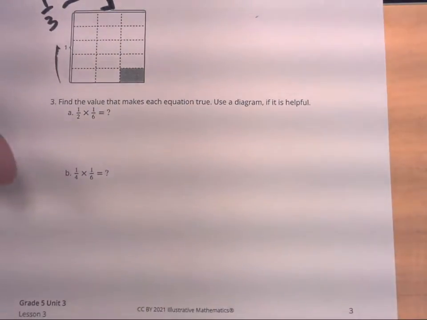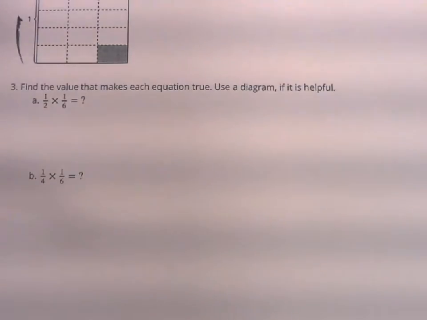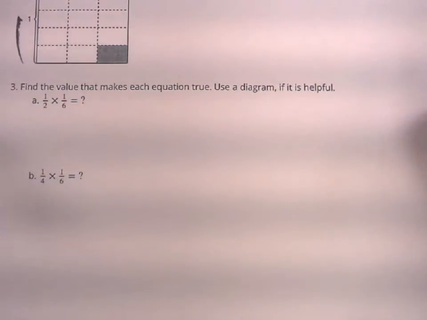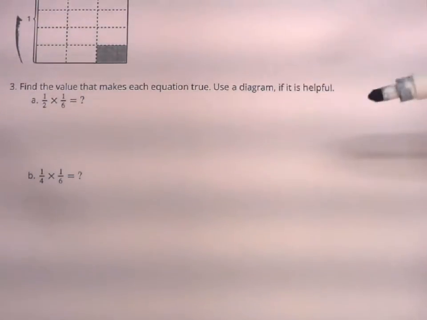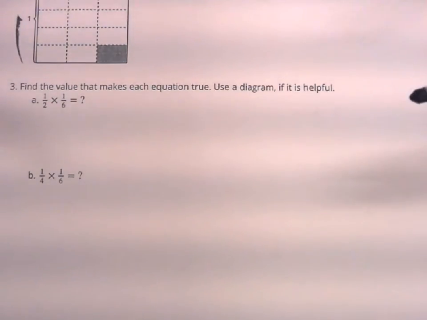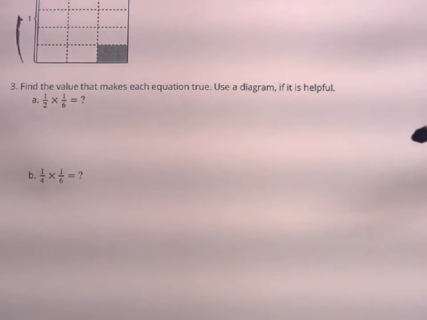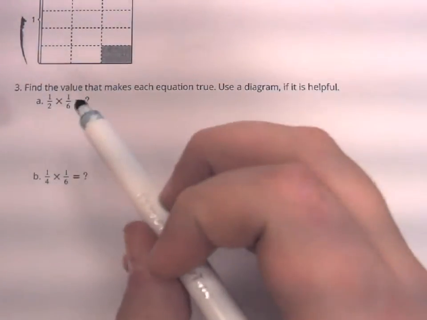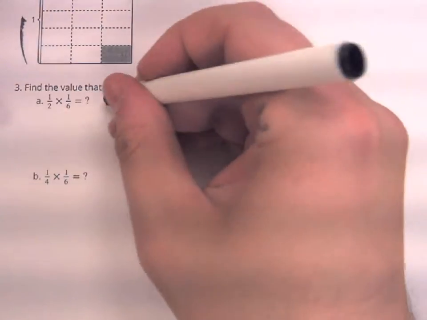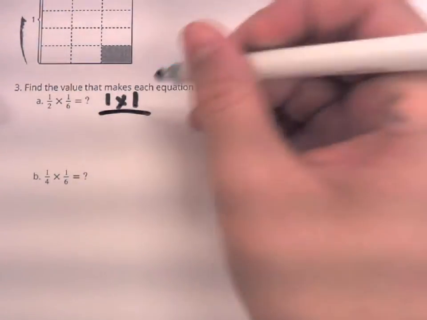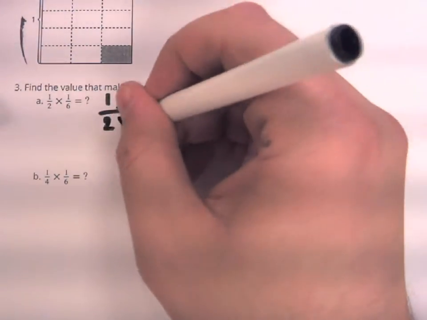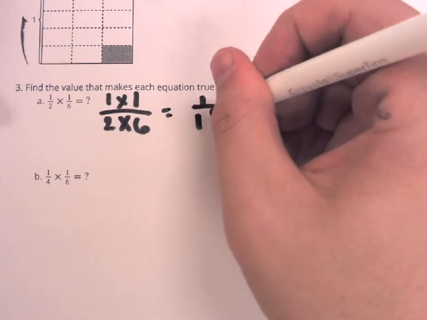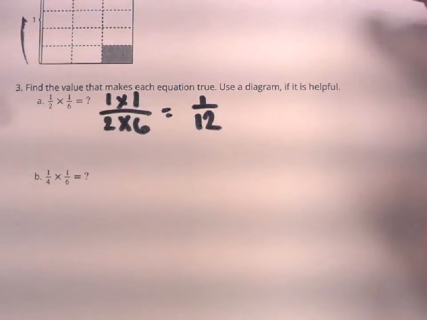Lastly on this page, and I'll zoom in here a little bit, hopefully this is easier to see. They needed simply to find the value of these two expressions. They could use a diagram, but many students have picked up on this generalization, or rule, that to evaluate a fraction multiplication problem, one only needs to multiply both numerators and then multiply both denominators to find the numerator and denominator of the product.